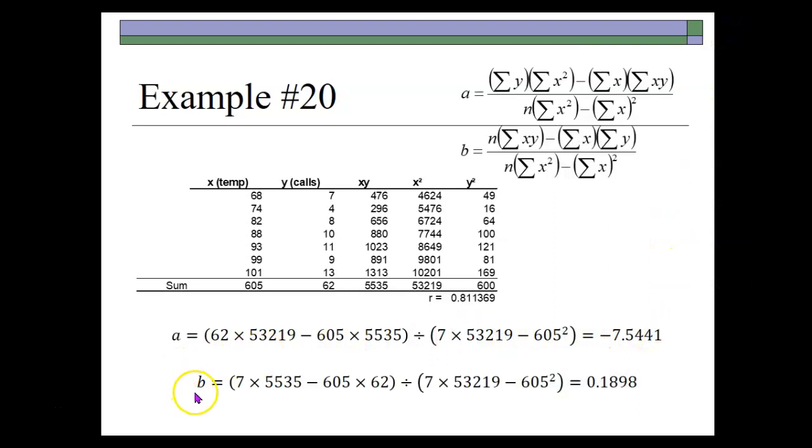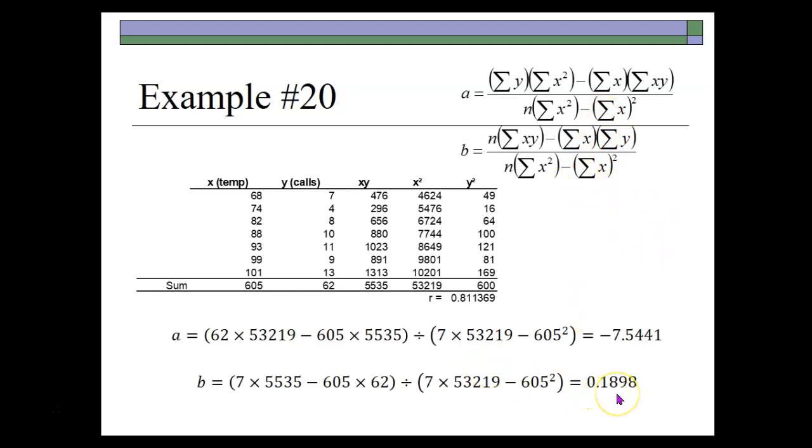To get the B number, we take n, which is 7, times the sum of xy, which is 5535, minus the sum of x, which is 605, times the sum of y, which is 62, over the same denominator. What makes this a little easier is that the denominator for the A and the B formulas are the same.